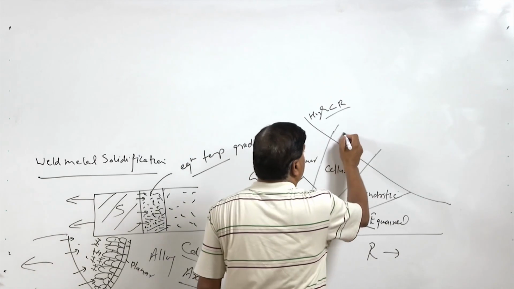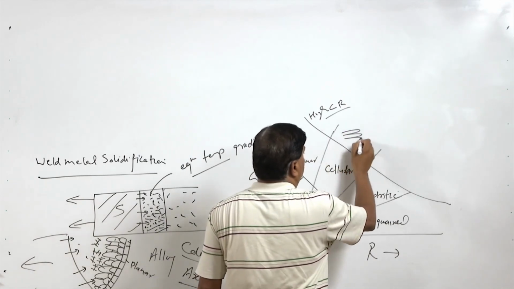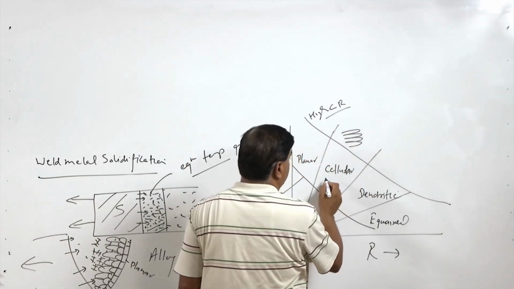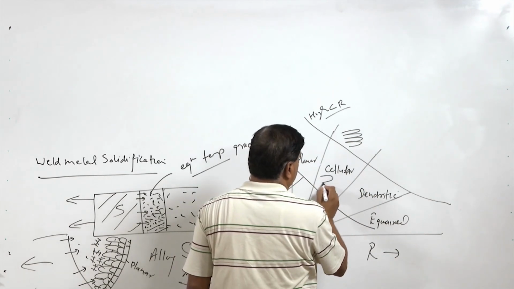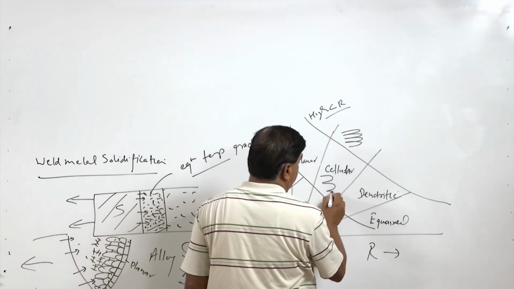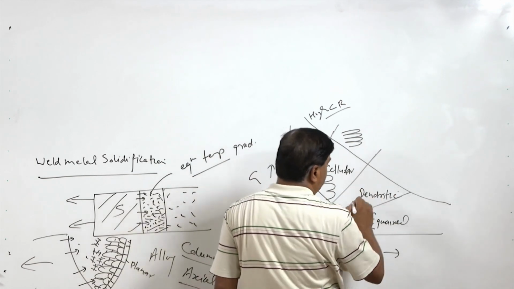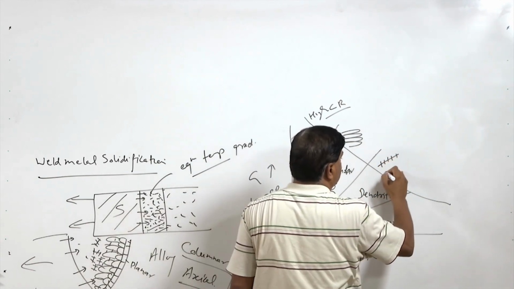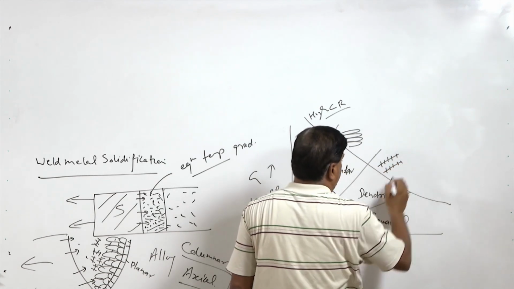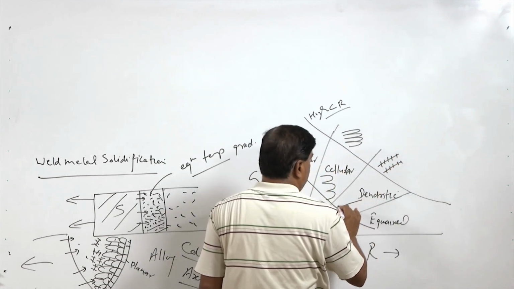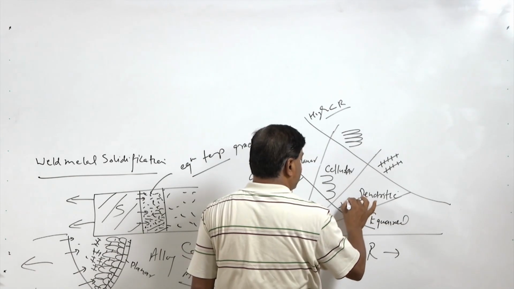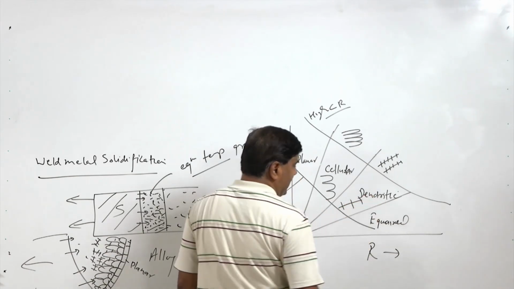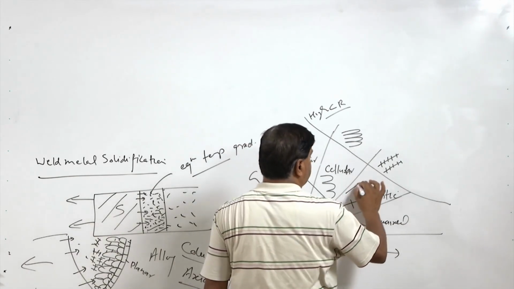When the cooling rate is high, the cellular grains are fine, and when the cooling rate is really low, the cellular grains will be wider. When the cooling rate is high, the dendritic grains will be fine, and when the cooling rate is low, it will result in very coarse, widely spaced arms like this.